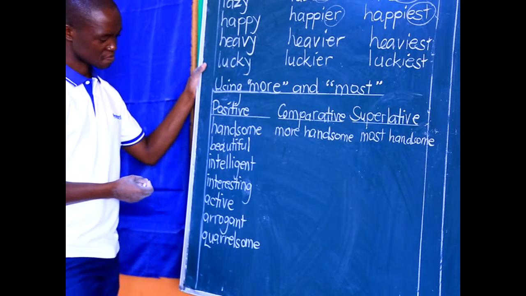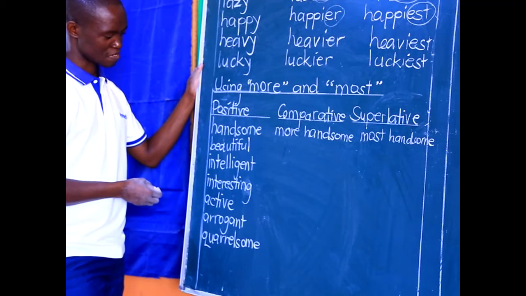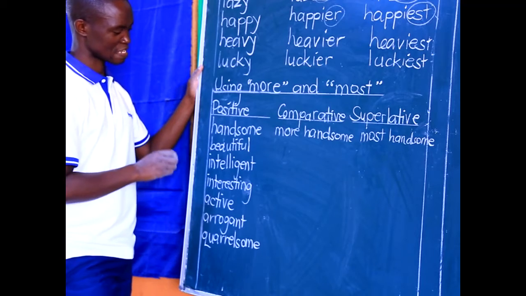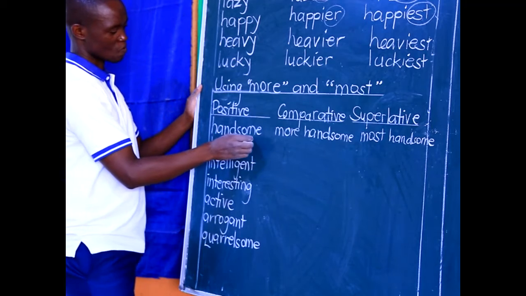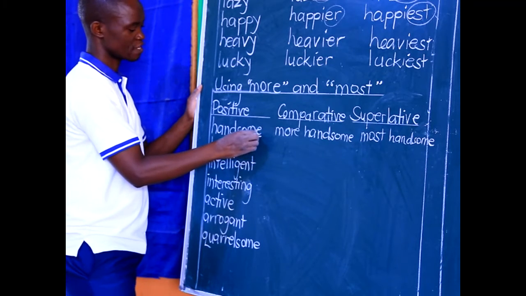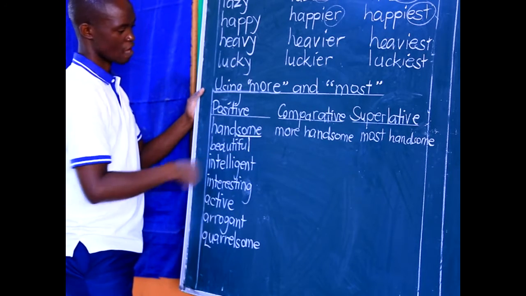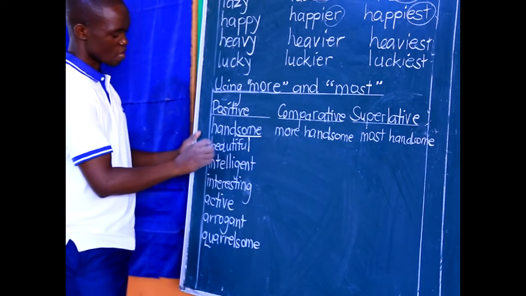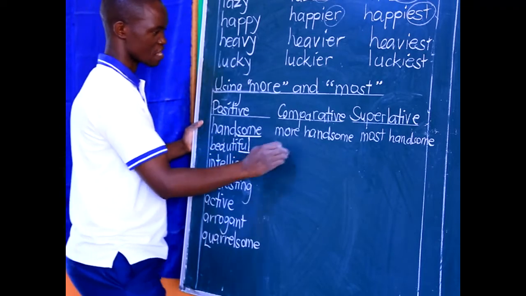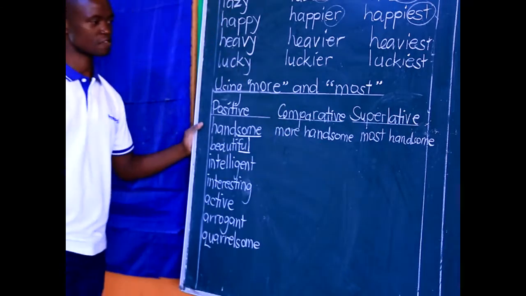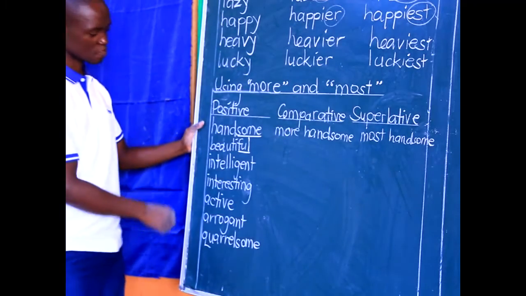When you look at them, you'll know why I'm mentioning only one example under each category. Words or adjectives that end in SOME are in this category. Adjectives that end in FUL, and most form the comparative and superlative respectively.